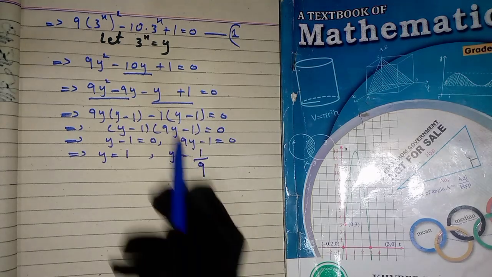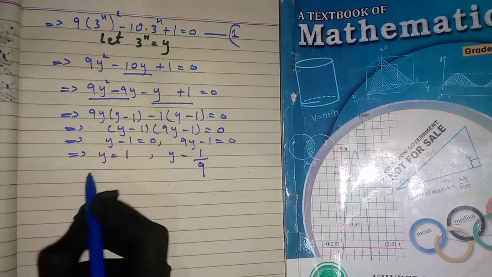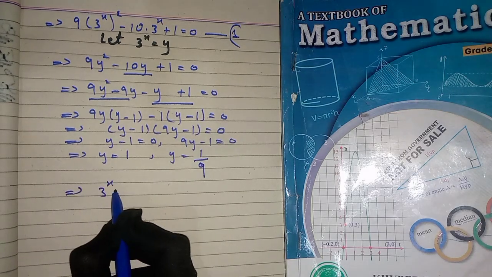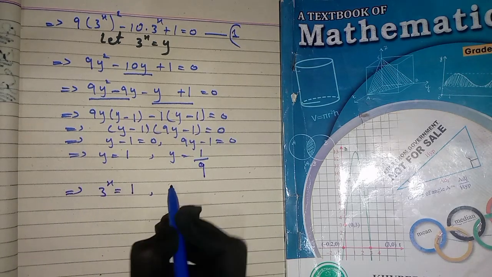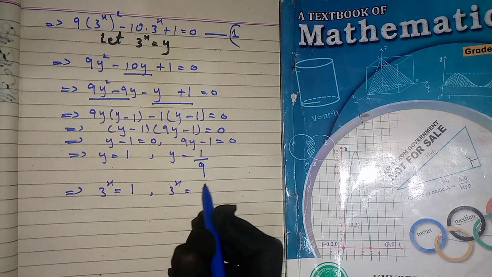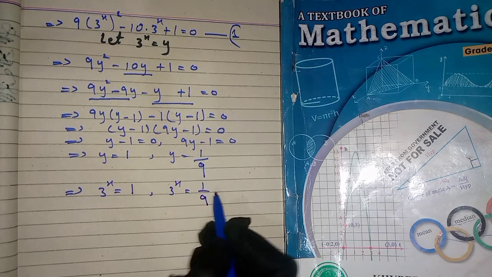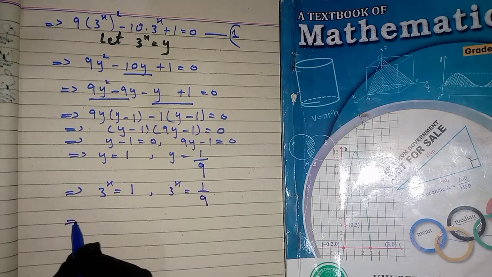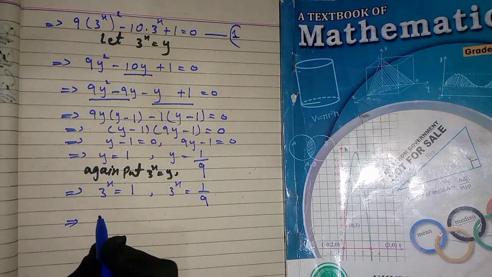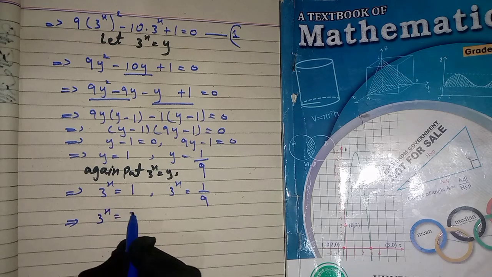Now we again put y equal to 3 power x. 3 power x is equal to 1 and 3 power x is equal to 1 by 9. This implies that 3 power x is equal to 3 power 0.